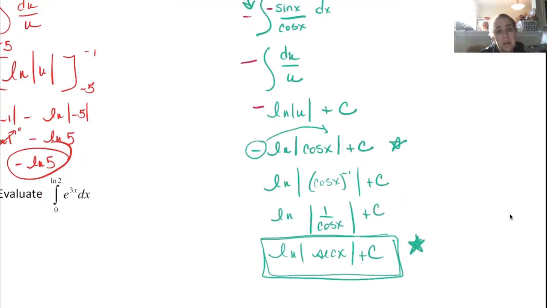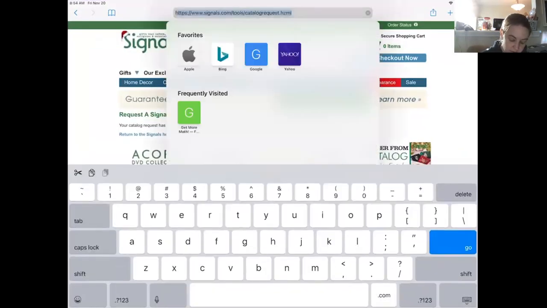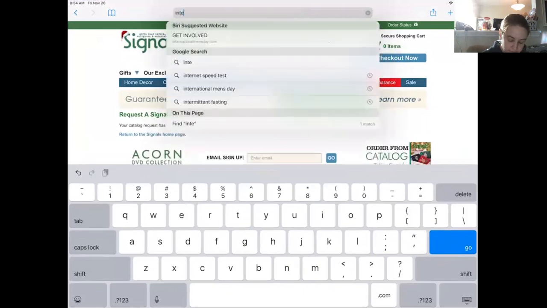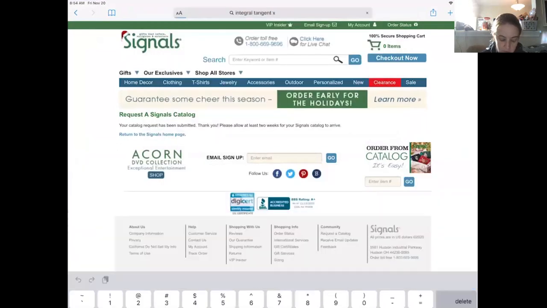If we had a textbook, you don't have a textbook with you. I used to refer to the inside of the front cover, back cover, whatever, had the integrals. Actually, let's do a little search real quick. Integral of tangent x. I'll go to Google.